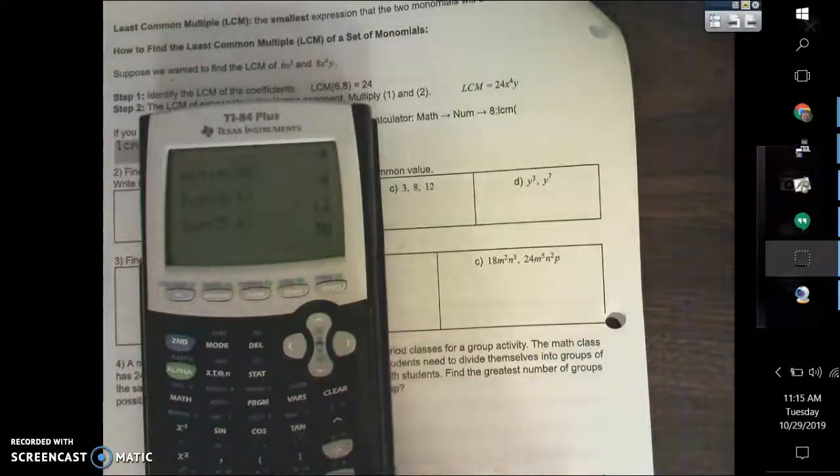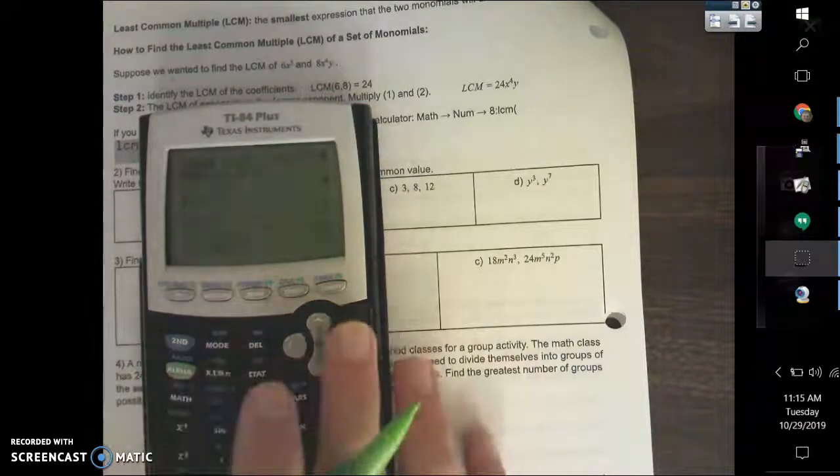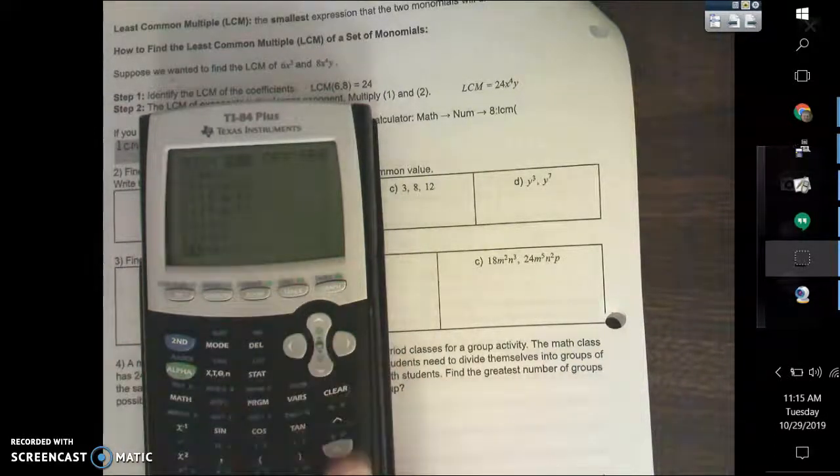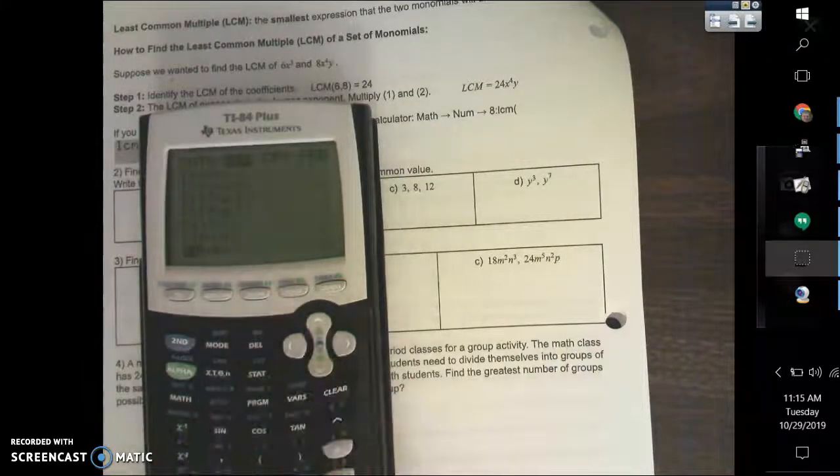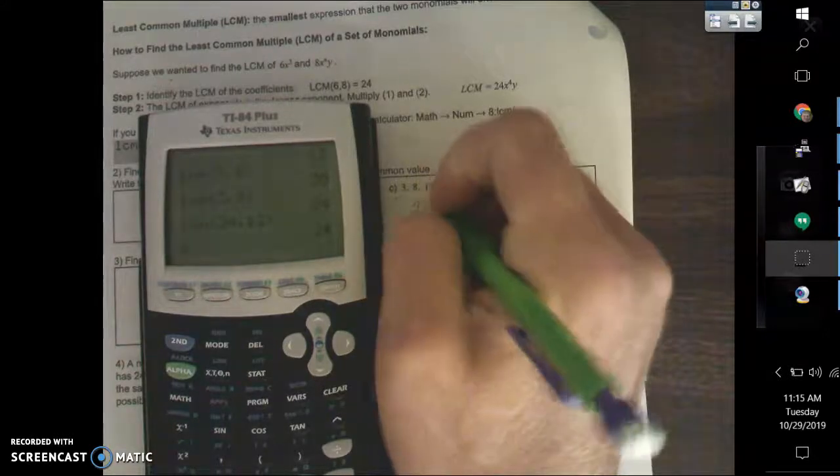Okay, 3, 8, and 12. I'm scrolling down to number 8. 3, comma 8. The LCM is 24. Do it again. I'm doing 24, comma 12. So 24 is my LCM.